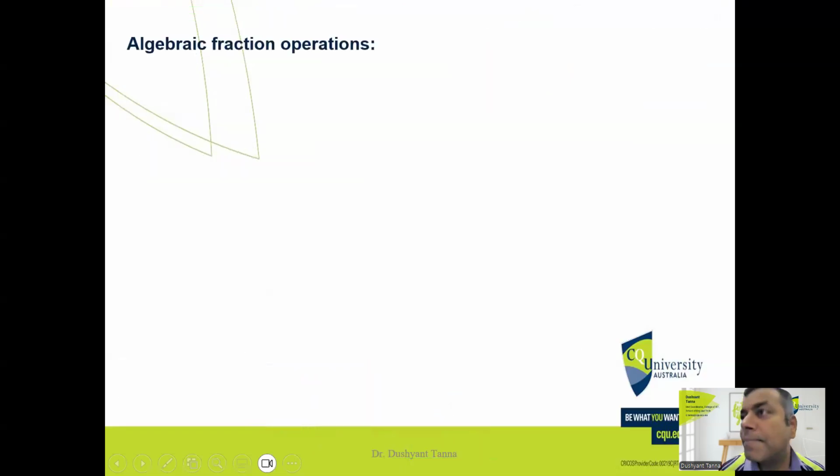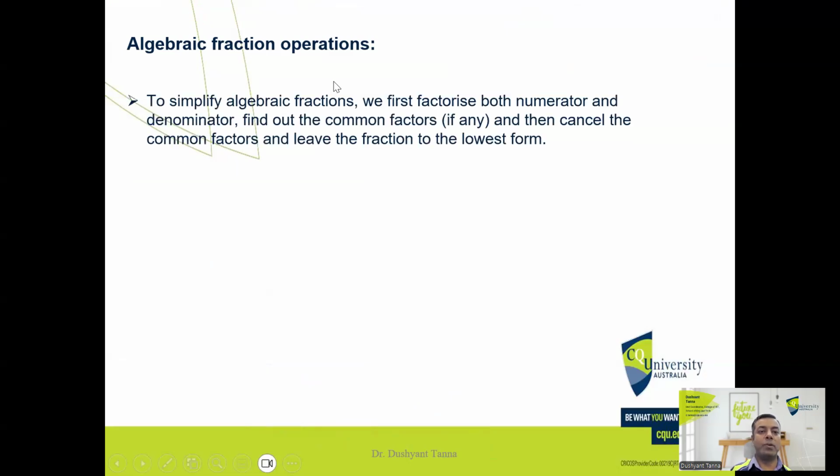Okay, so having done some decent amount of practice for this AC method, factorizing of quadratic expression, let's move forward and talk about algebraic fraction operation, which is nothing but extension of what we have been doing. But there'll be a quadratic polynomial on top and in the denominator, right?